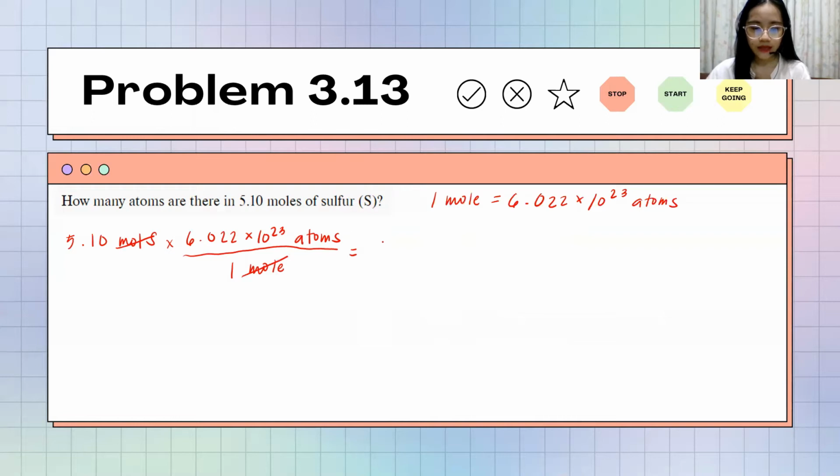Then we calculate. The answer is 3.07 times 10 raised to 24 atoms of sulfur. So there are 3.07 times 10 raised to 24 atoms in 5.10 moles of sulfur.